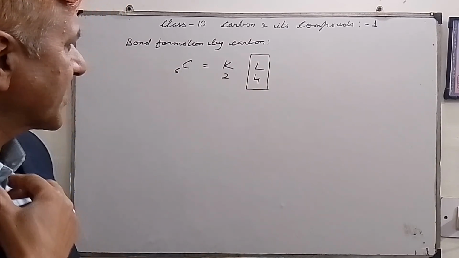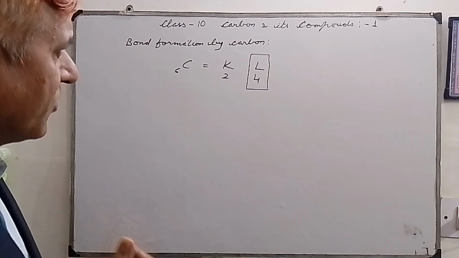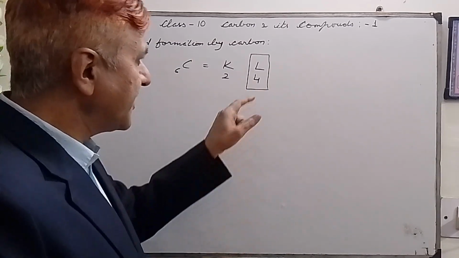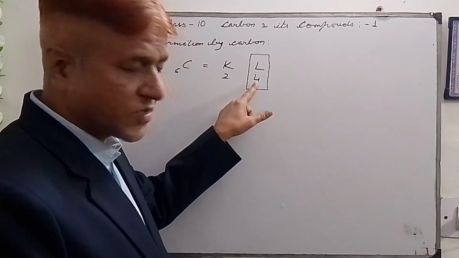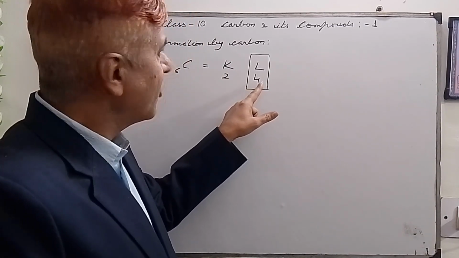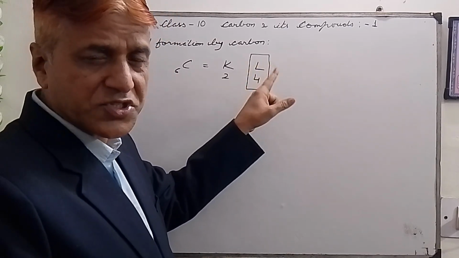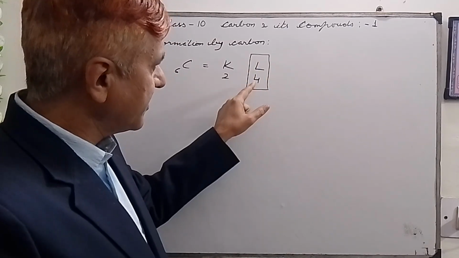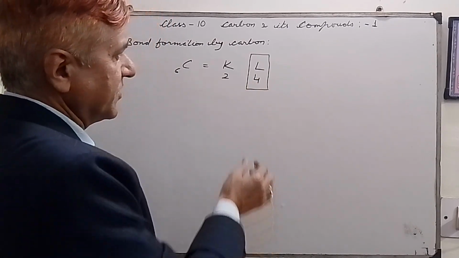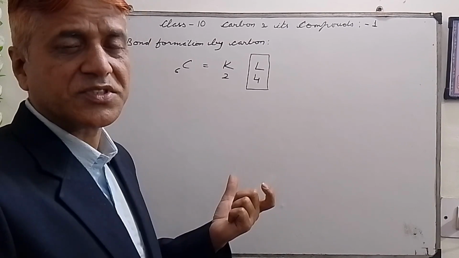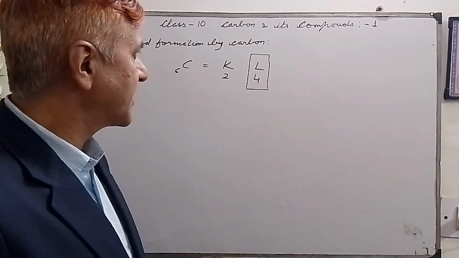An atom combines to complete its outermost shell, to have 8 electrons in it. So for having 8 electrons in its outermost shell, it will take 4 electrons.